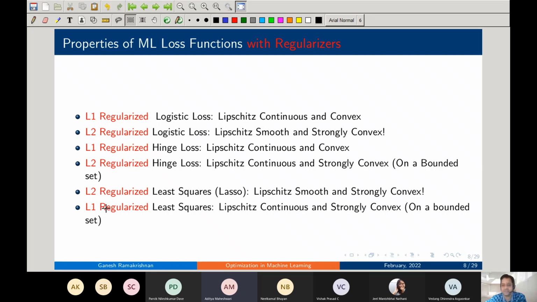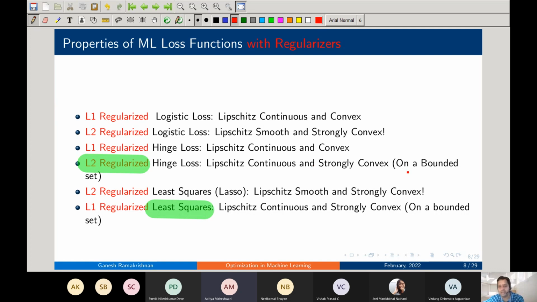This is an interesting case. Let's say this property, L2 regularization. Now, L2 regularization gave you strong convexity and Lipschitz continuity on a bounded set.